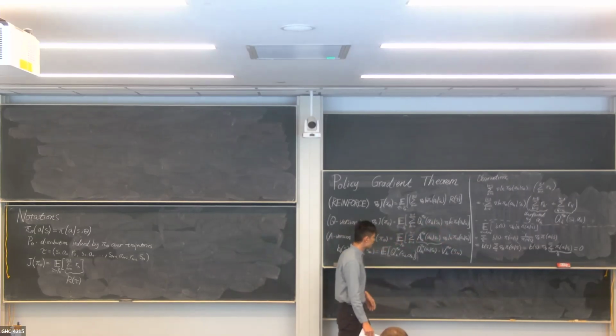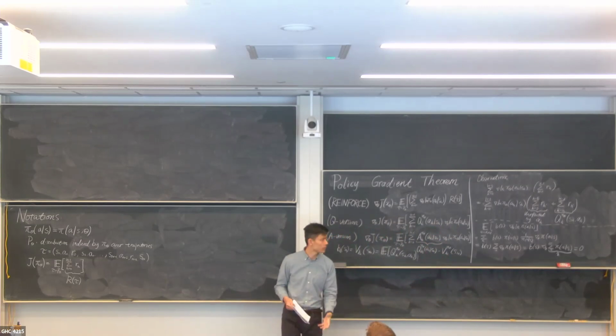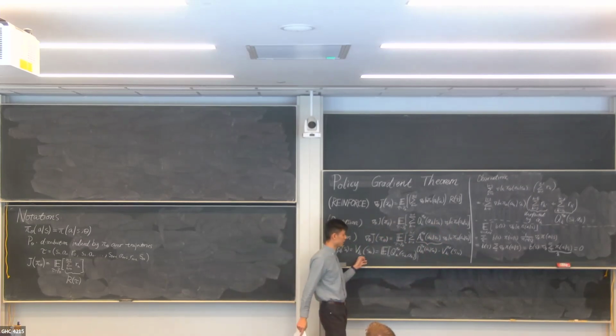But if you can shrink them, or subtract off some baseline without changing the expectation, you get a win when you have to estimate them. We'll see how this plays a role when we have to estimate a gradient.